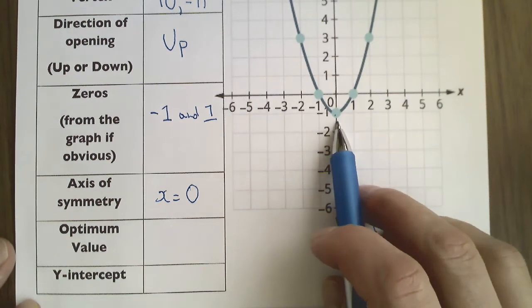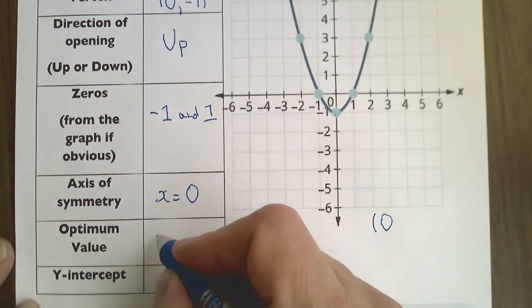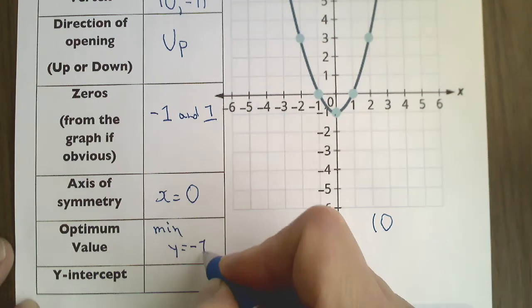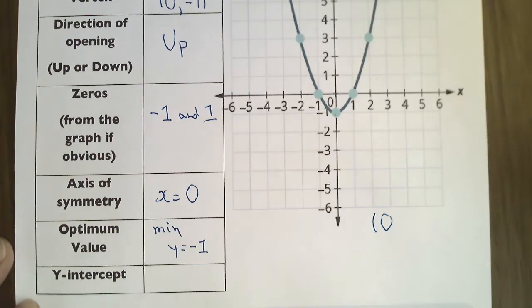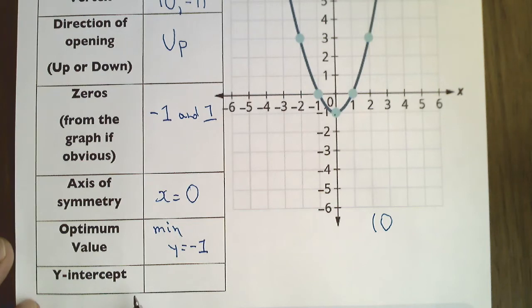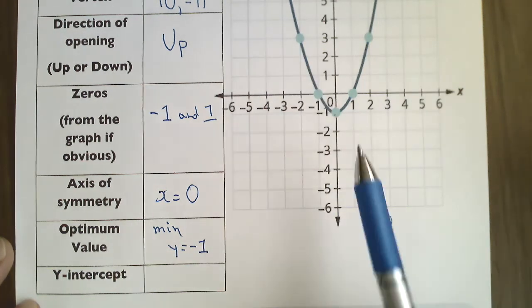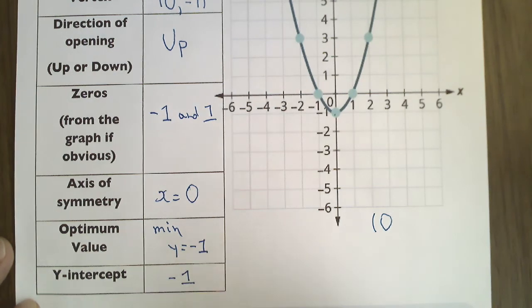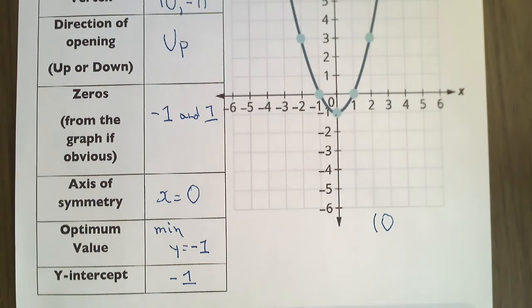The optimum value is a minimum at y equal to -1. And we can also read another point of intersection, the y-intercept, which also happens to be -1. This is where the vertex falls, right? And it intersects the y-axis only once.